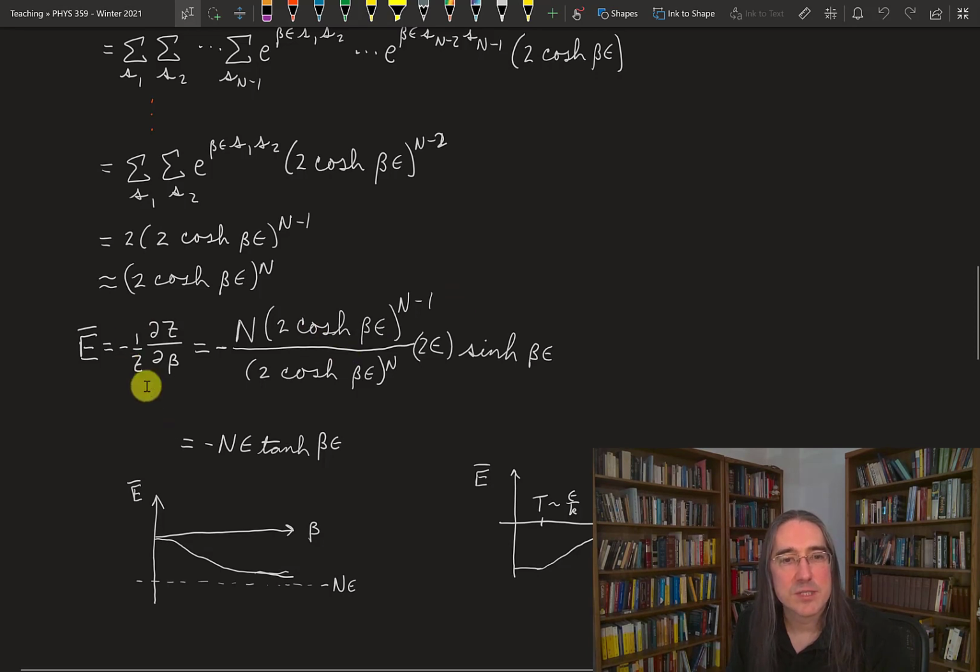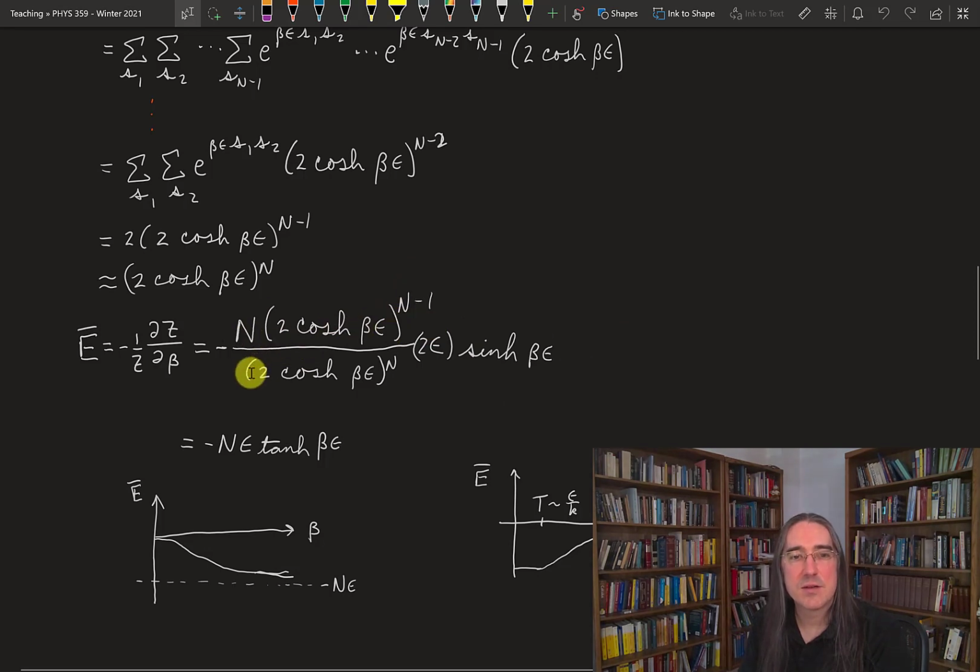And don't forget the 1 over Z out front, or the minus sign. So minus, and Z shows up in the bottom. And now, this is why I said you'd get almost exactly the same average energy if you use the exact result, right? Because all of this stuff cancels. All that matters is that we have 1 extra cosh in the bottom and 1 sinh out to the side from taking the derivative of what's inside of here.